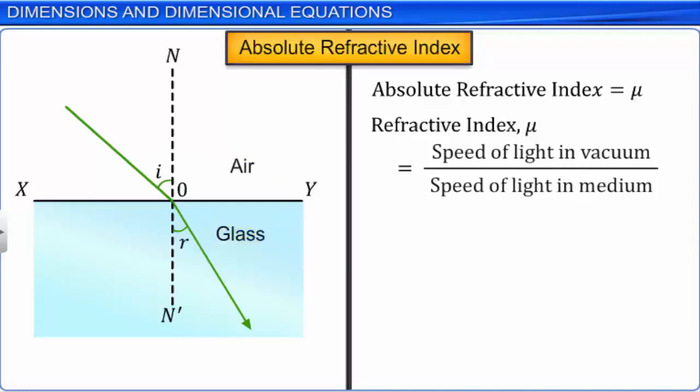Refractive index is just a number and is significant even though it does not have any unit, because the value of mu of a medium indicates the extent to which a ray of light bends on entering the medium at a given angle of incidence. Refractive index of a given medium is constant and does not have any dimensional formula. You will learn about refractive index in detail later in the course.